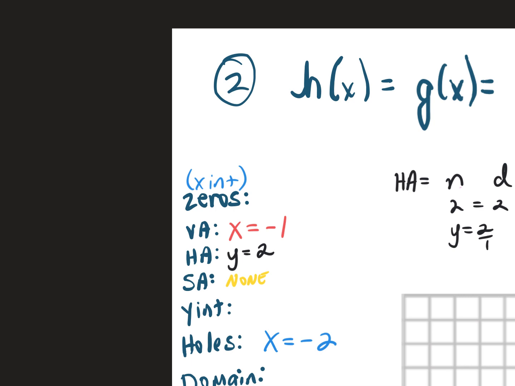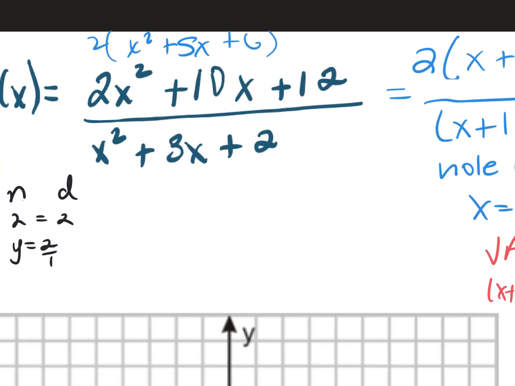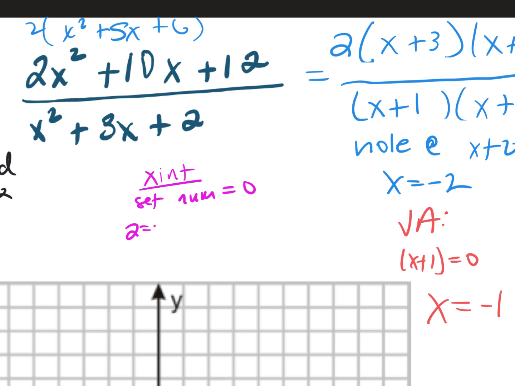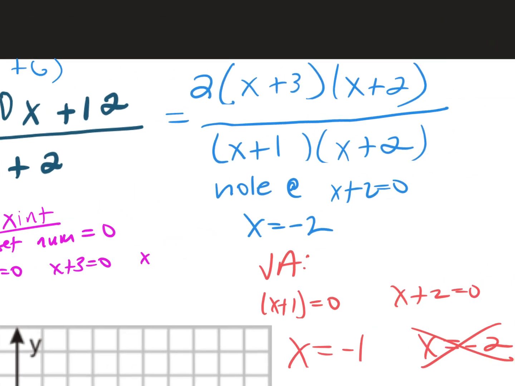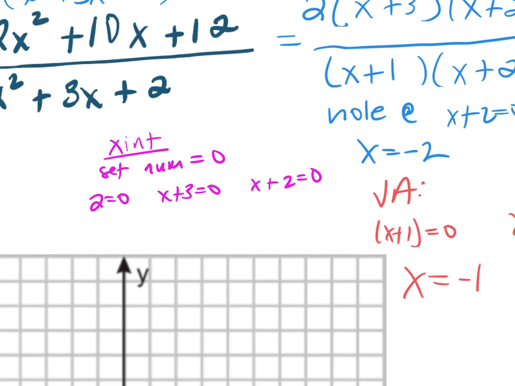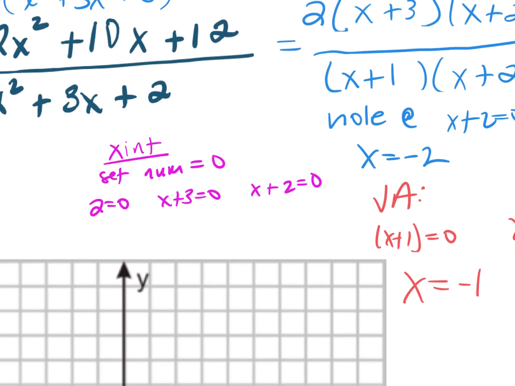So let's now talk about our intercepts. How do you find the x-intercept? You set the numerator equal to 0. Well, we've already factored it, correct? So set each piece equal to 0. 2 equals 0, x plus 3 equals 0, and x plus 2 equals 0. Does 2 ever equal 0?